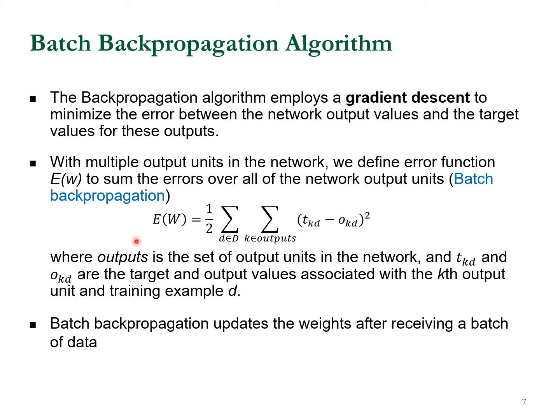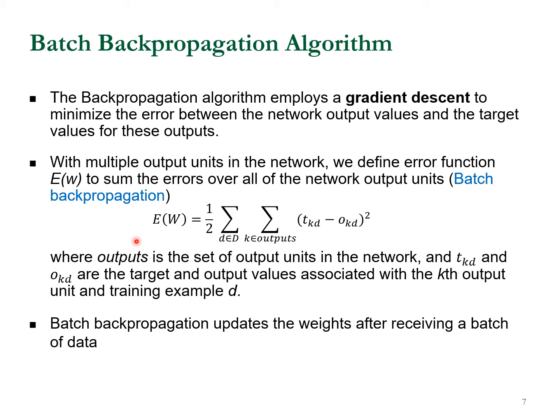Actually, this error function is used in batch backpropagation. So, what is batch backpropagation? In batch backpropagation, the algorithm reads the entire data, and then computes the error using the entire data, and then we update the weight values of the network. That's batch backpropagation. Another version is called stochastic backpropagation.